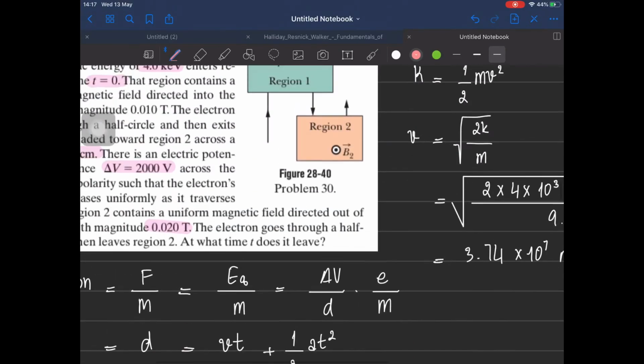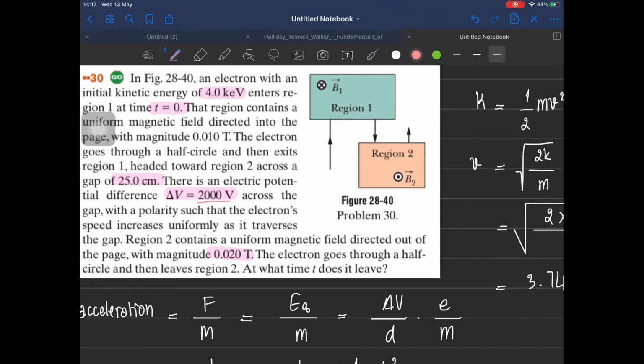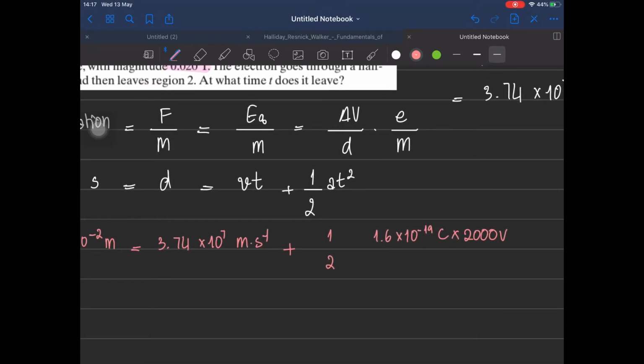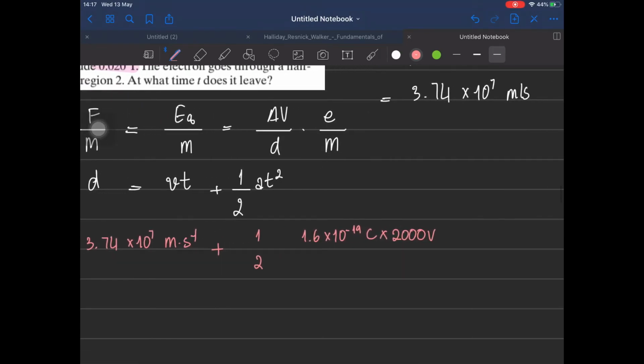So this 2000 volts is from this number here. So you can just go back and forth with the problem in order to see what's going on with the problem that we are solving right now.